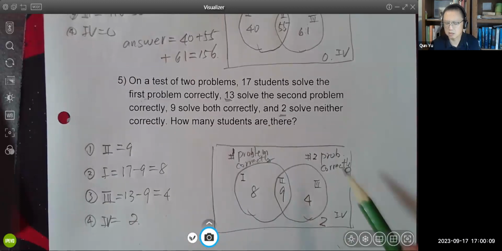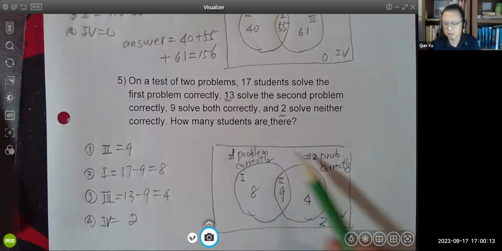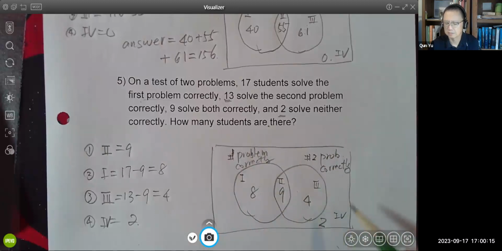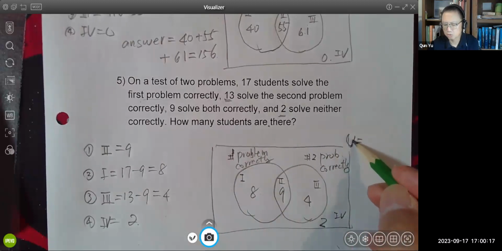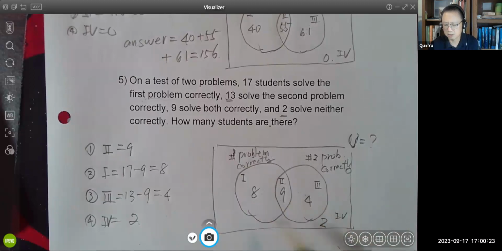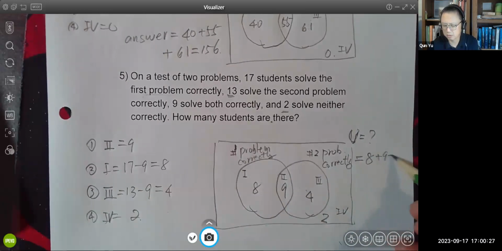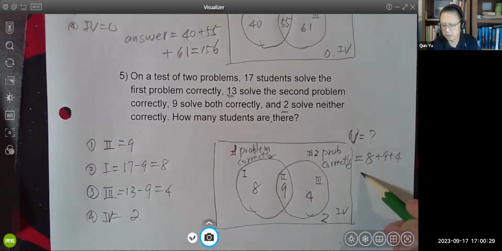Now the question is, how many students are there? So all of the students, this whole universal set U, is split into 4 different regions, and we have numbers for each of these regions. So we simply add them up. It will be equal to the whole thing, that is the universal set.